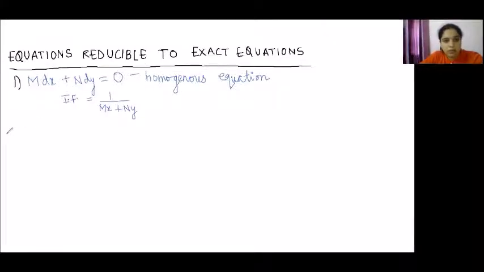Now the second rule for finding the integrating factor is for when we are not able to apply the first rule, because M and N are not homogeneous functions. What is the second rule?